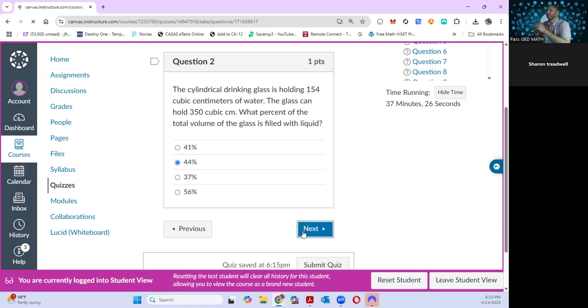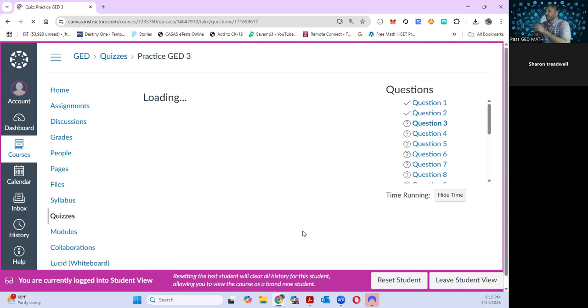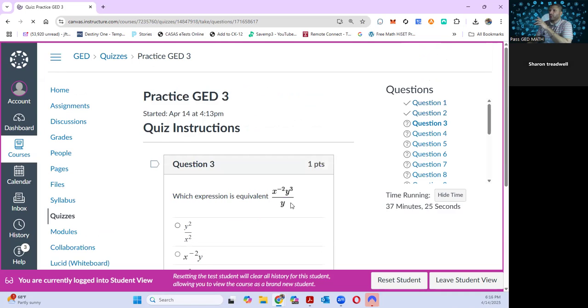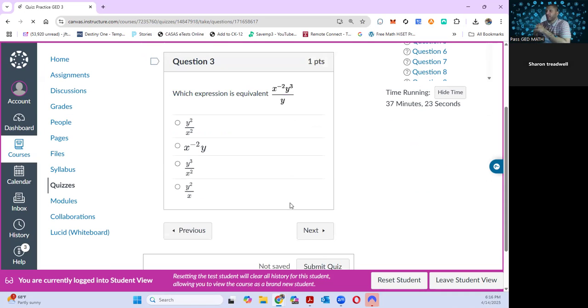Next. Which expression is equivalent to x to the negative second power times y to the third divided by y? Which one is equivalent? I'm going to say three.